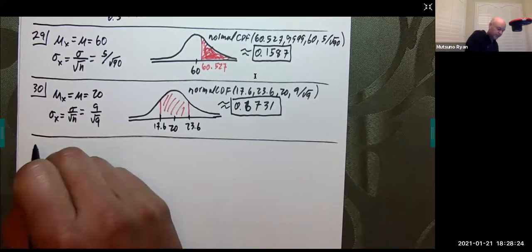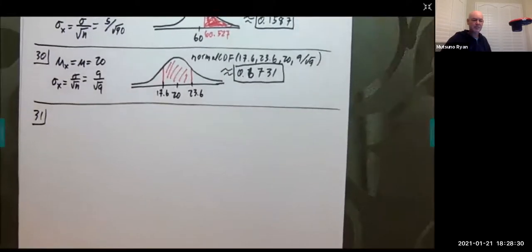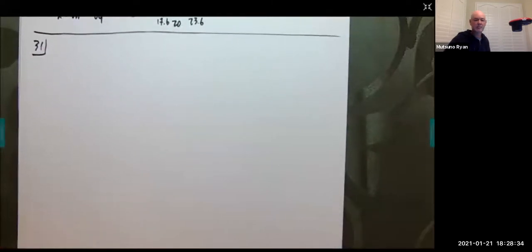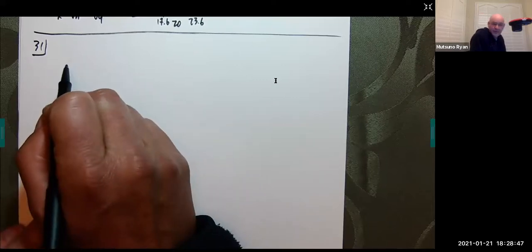All right, number 31. Oh, I'm not going to read all that. Basically, the mean is 0 degrees Celsius, and standard deviation is 1. And for 31, what we're going to have is they want the 40th percentile.